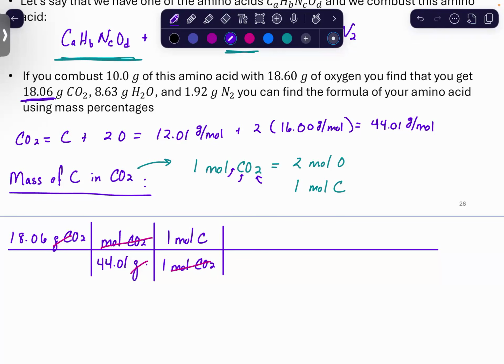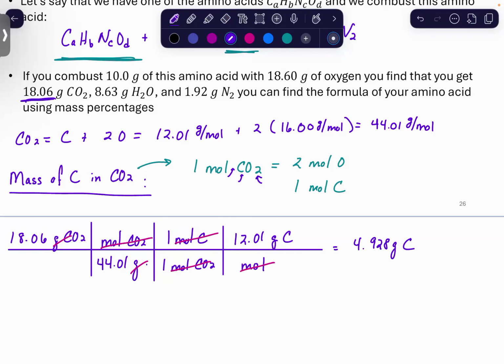Now, 1 mole of carbon, I look at the periodic table, is 12.01 grams of carbon. And so moles of carbon cancels out moles of carbon. I multiply across the top and divide by the bottom. 18.06 times 12.01 divided by 44.01, I get 4.928 grams of carbon in my CO2.